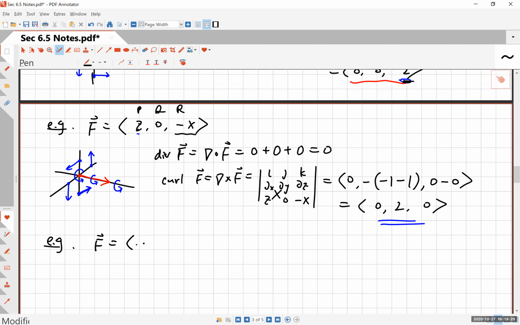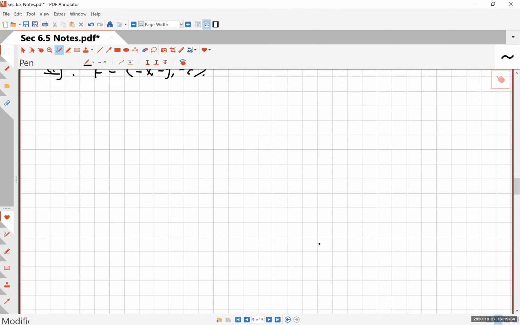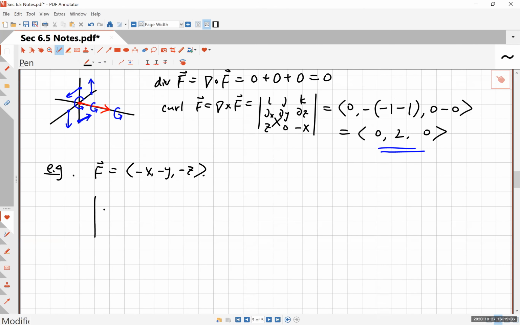This vector field is negative x, negative y, negative z. What in the world does that look like? Okay, so in three-dimensional space, at the origin, of course, it's 0. But if you pick any point like x, y, z is 1, 0, 0, this will be negative 1, 0, 0. Okay, at every single point, you can see it is pointing to the origin.